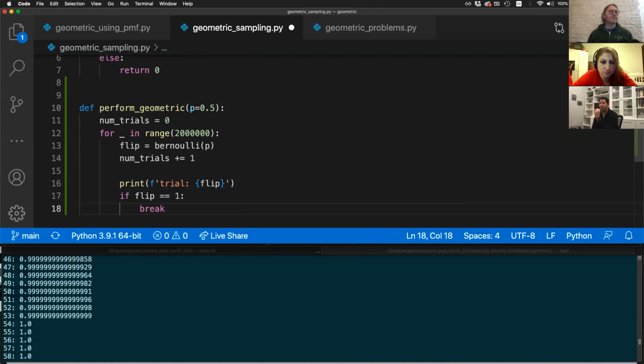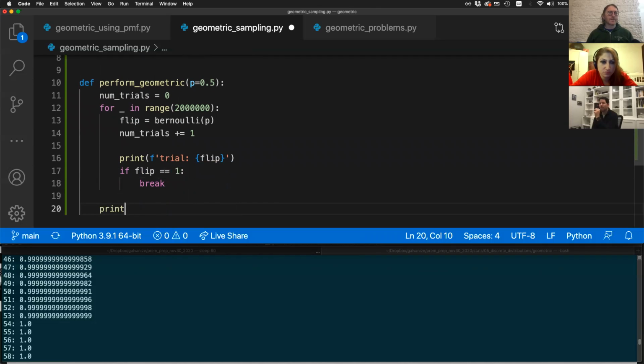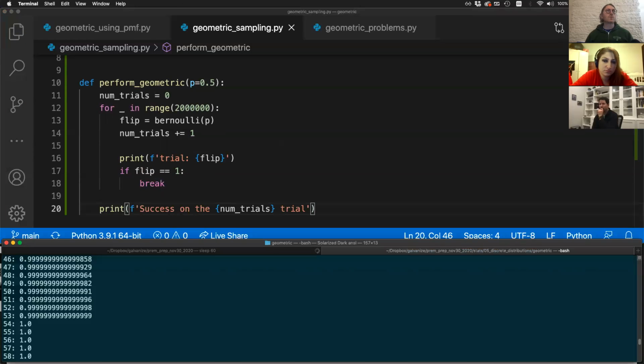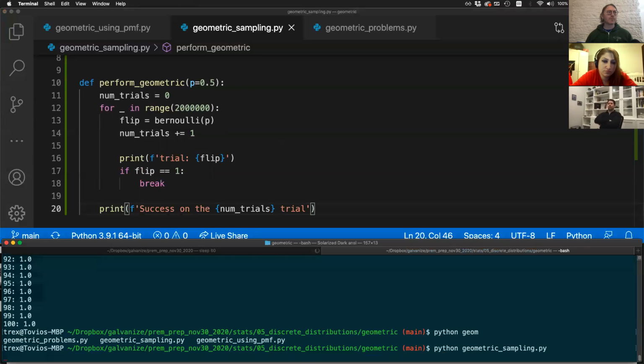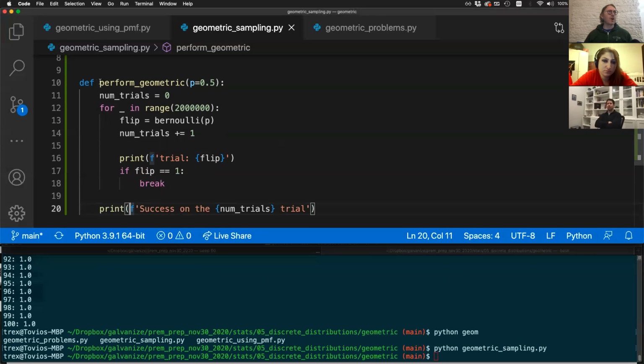Now I could collect these into a list the way that I might do with binomial, but I'll show you the fruitlessness of that in a way. So let's print success on whatever trial we find success on. So let's do geometric sampling. Oh, probably need to call the function.